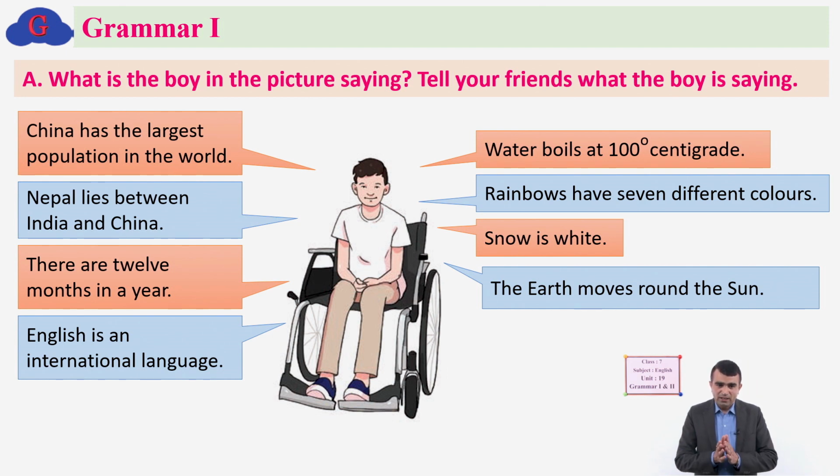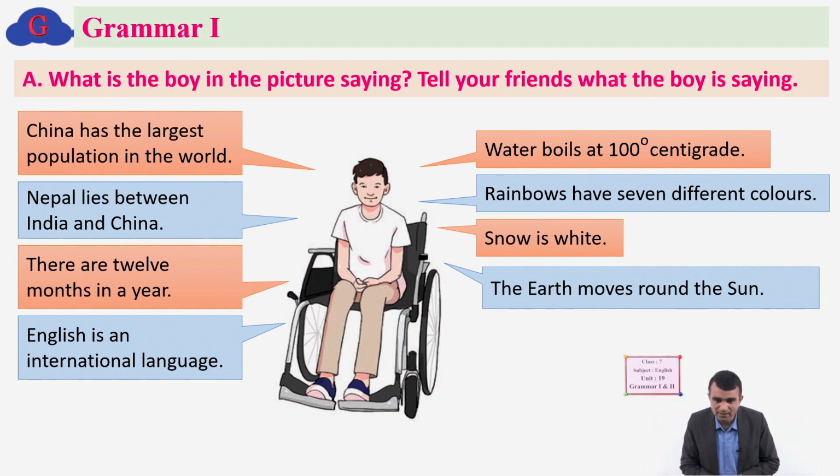Now, just go through these statements. What type of sentences are they? What kind of statements are they? Are they the boy's opinion? No. What are they? They are facts and truth.